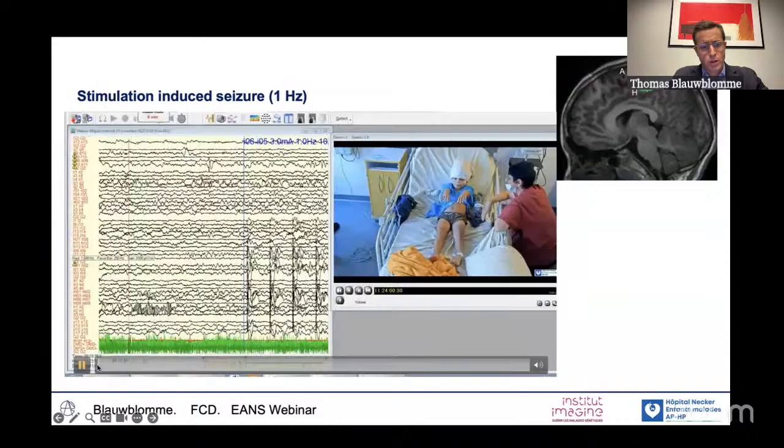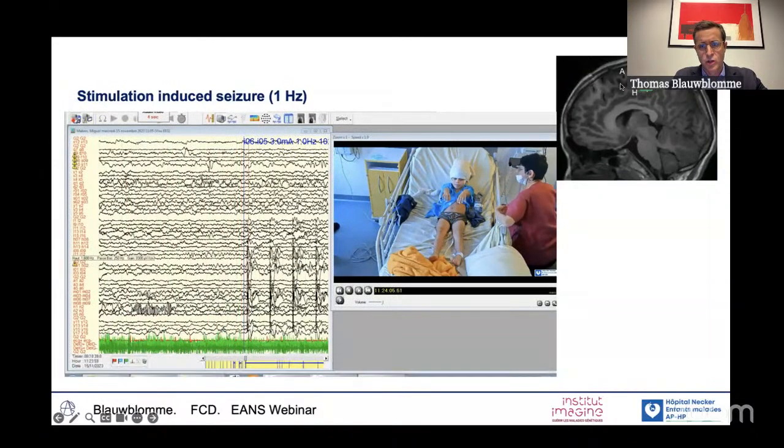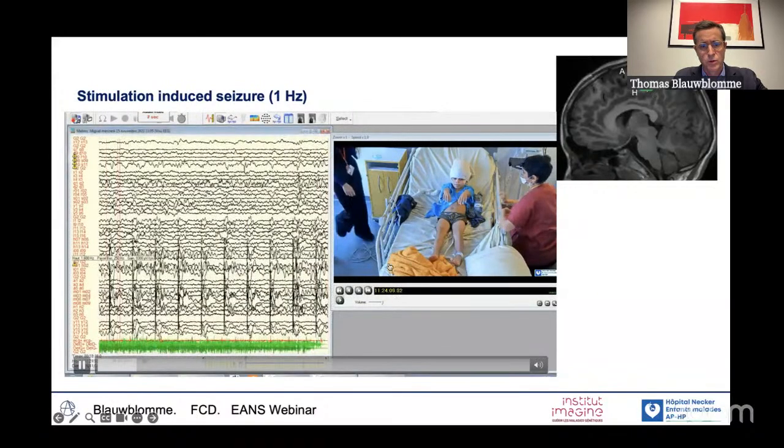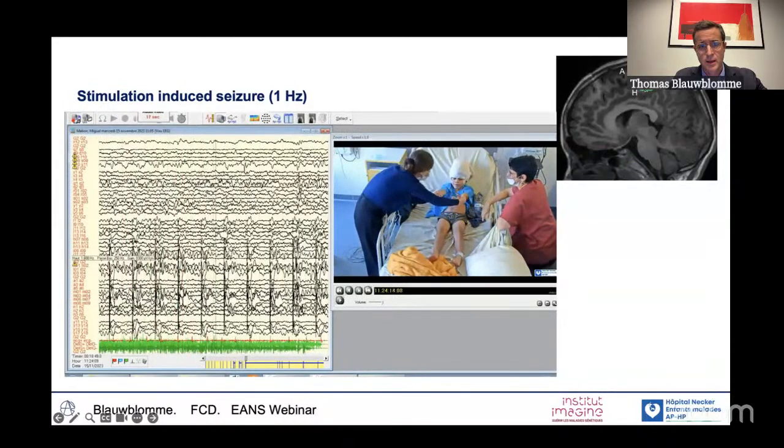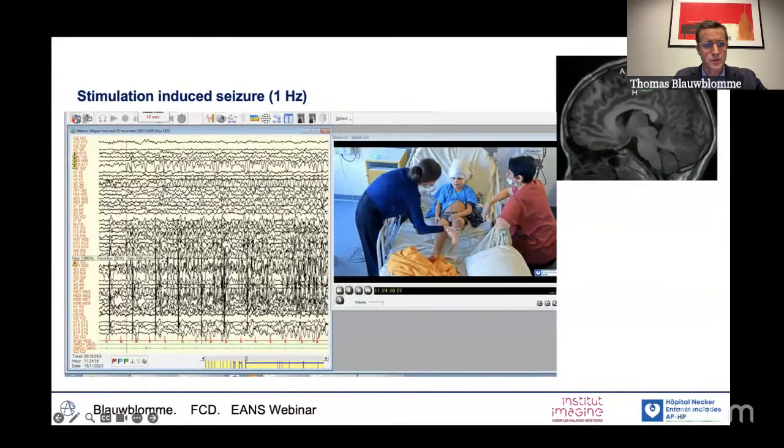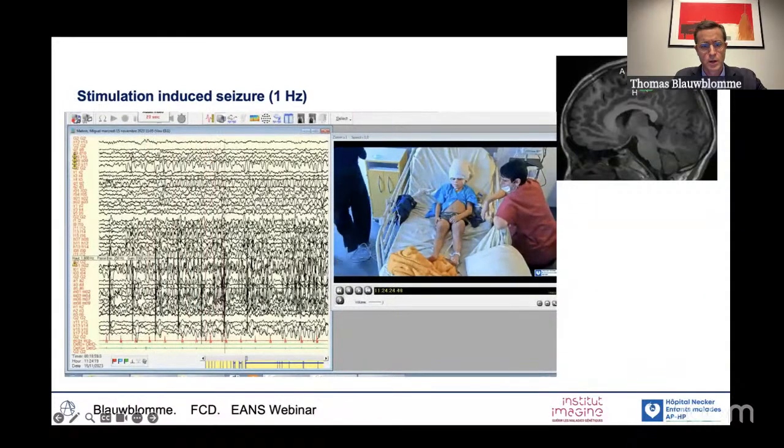If you do cortical stimulation, you can use 1 Hz or 50 Hz stimulation of the intracerebral electrodes, and it's possible to reproduce the seizure while stimulating at low frequency, low stimulation, the contacts that were located precisely on the green area on this MRI.